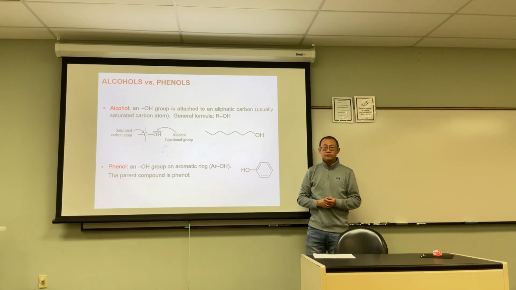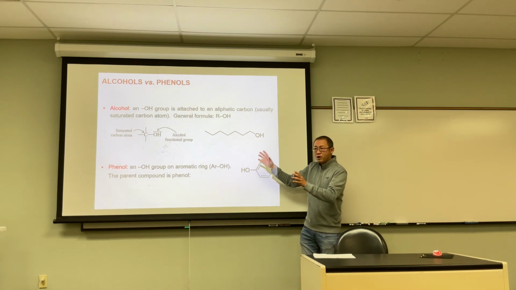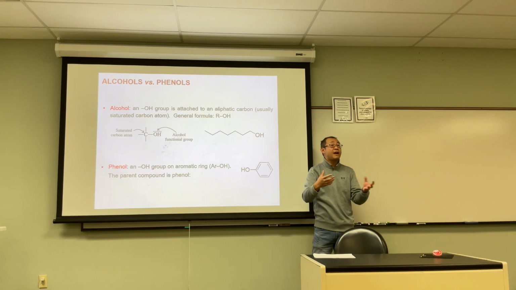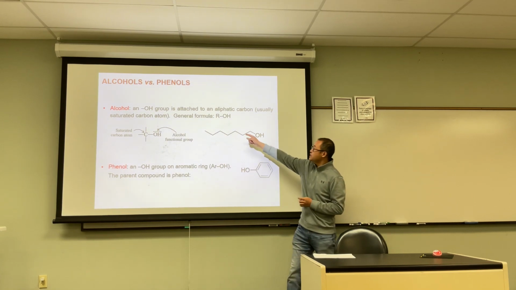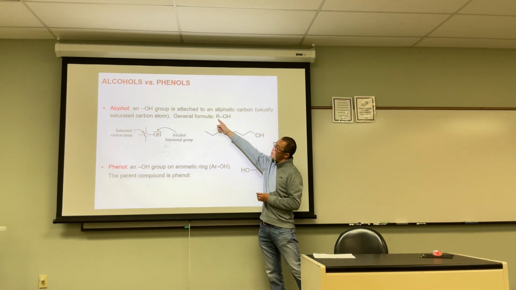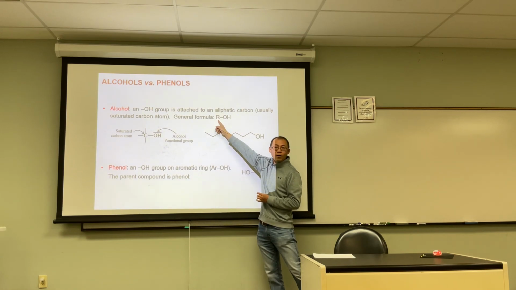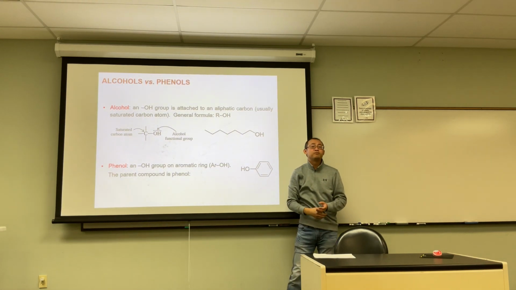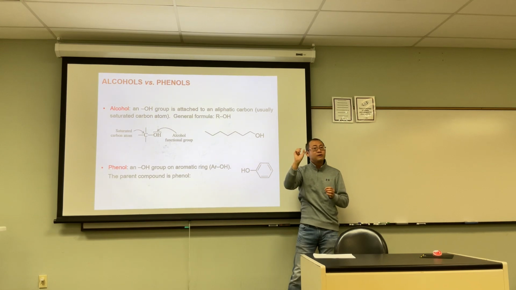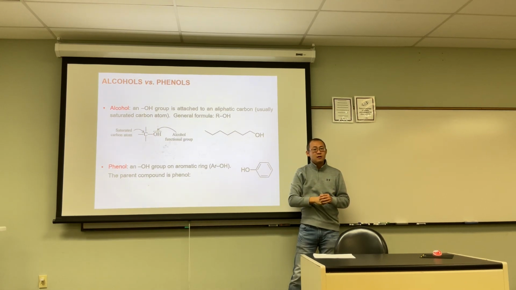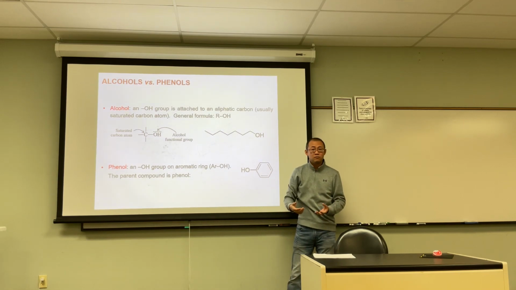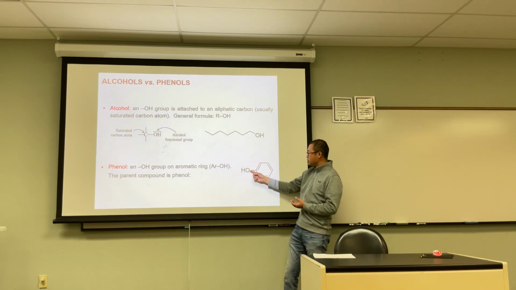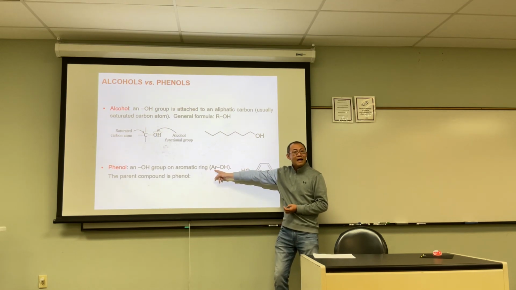If we don't show a real structure, and we want to use a generic structural formula to differentiate an alcohol versus a phenol, we can use these two. If it is an alcohol, we use the group R. R stands for a group, any group, but the carbon normally is saturated. If you want to represent a benzene or benzene derivative group that bonds to the OH, we use this Ar.